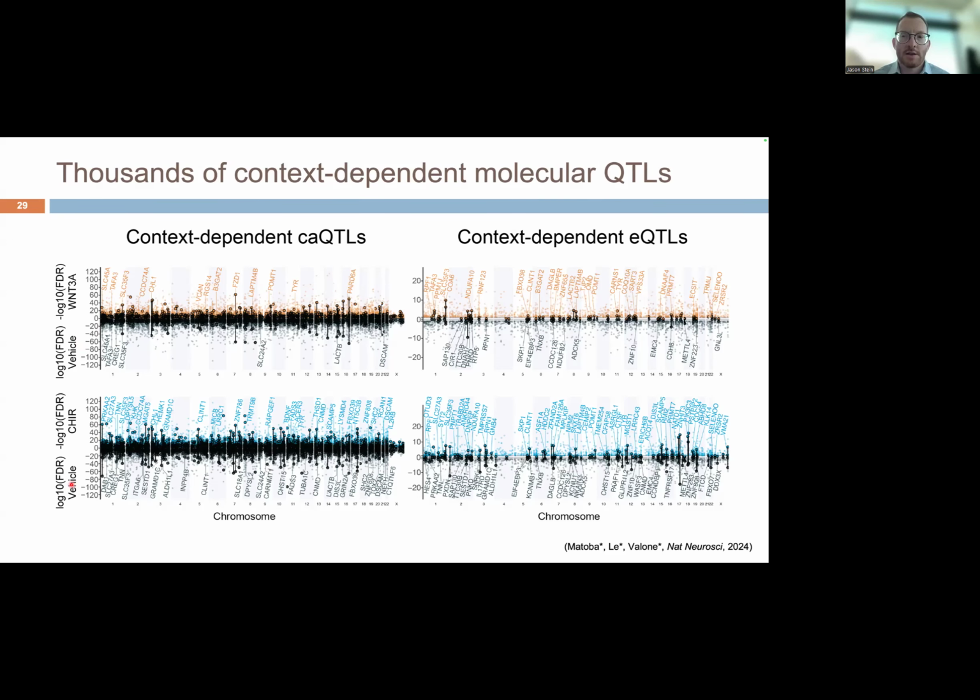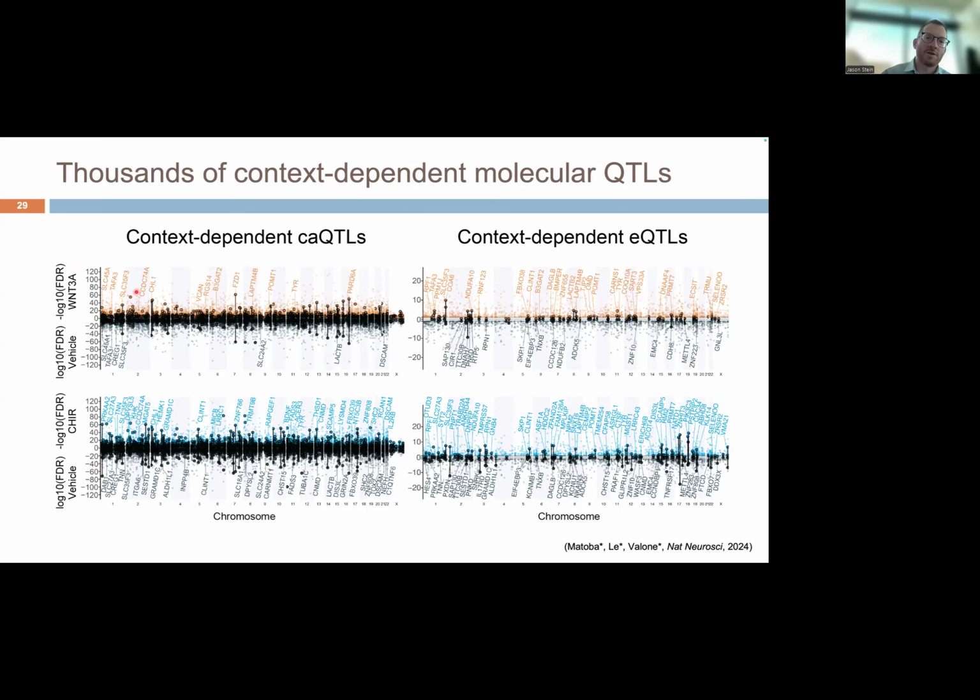Those are CA SNP, CA peak pairs, so like pairing between the two, in each condition, regulating 36,000 unique CA peaks. We also identified 2,000 eQTLs in each condition, regulating around 3,000 unique eGenes. So these are shown in what are called Miami plots here, kind of showing a GWAS on two different sides for both the stimulation and the unstimulated.